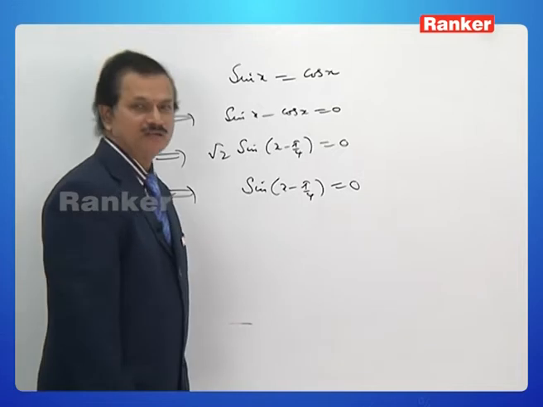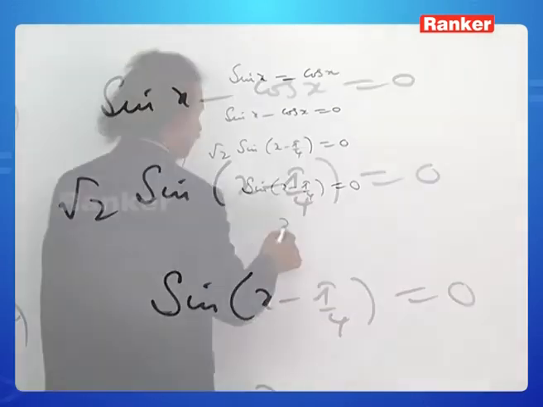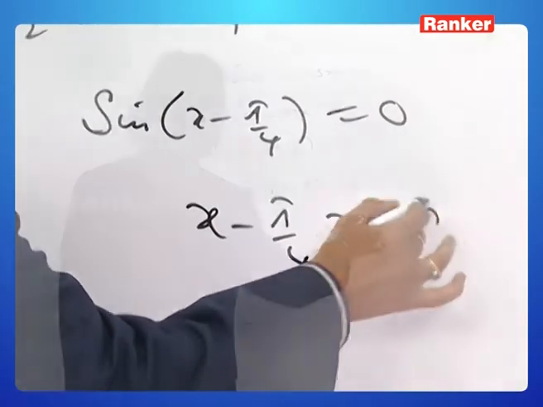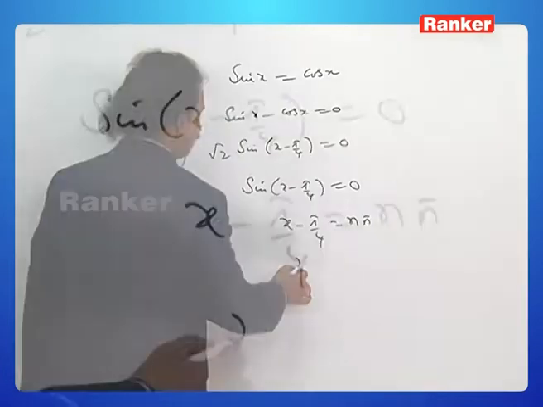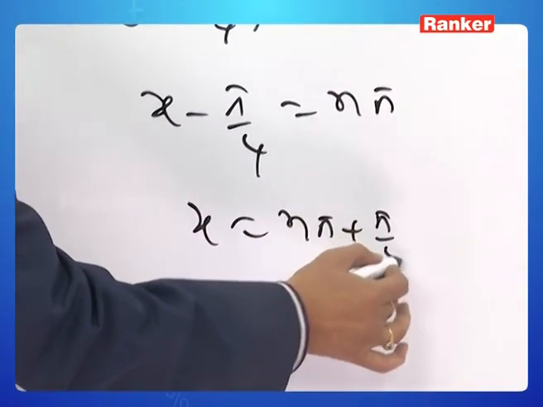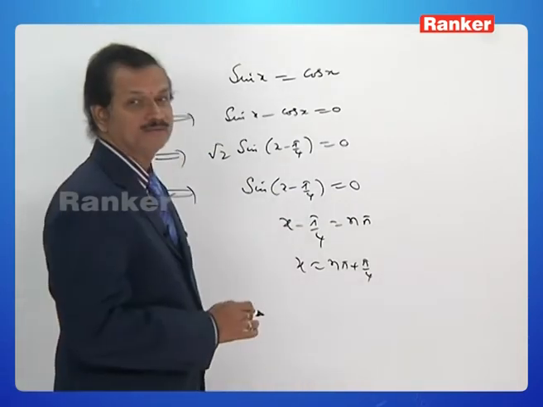Therefore, sin theta is equal to 0 implies theta is equal to n pi. Therefore, x minus pi by 4 is equal to n pi. Therefore, x is equal to n pi plus pi by 4.